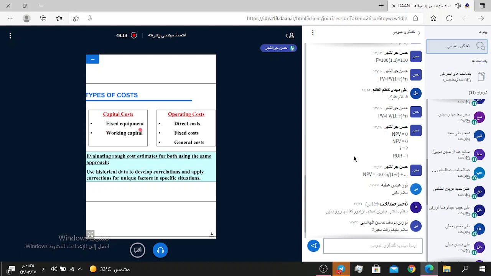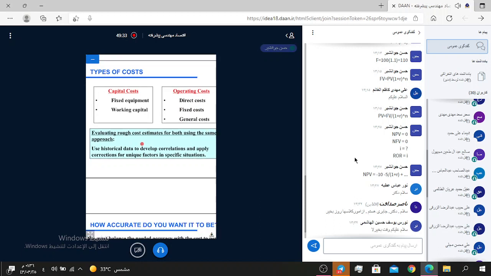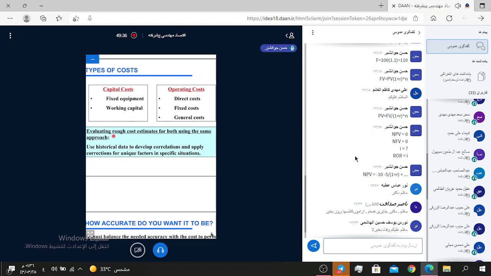Capital cost is fixed equipment and working capital. Operating costs are direct cost, fixed cost, general cost. Evaluating raw cost estimates for both uses the same approach: use historical data, develop correlation, and apply correlation for unique factors in a specific situation.